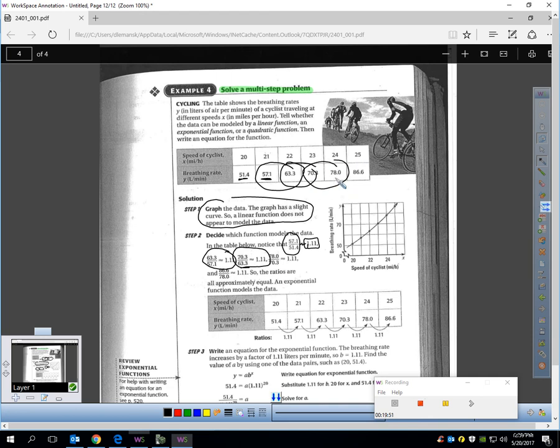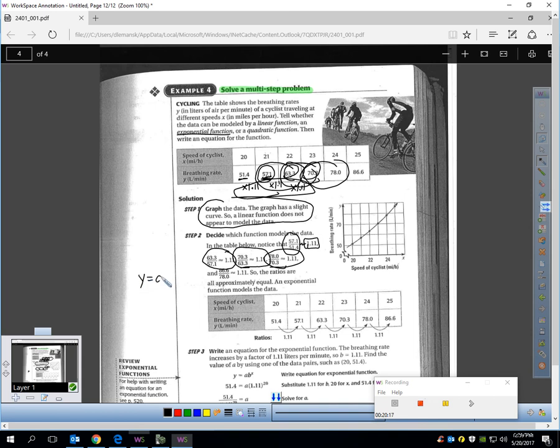You notice every time I divide these, I'm getting the same ratio. So in other words, if I take 51.4 and multiply by 1.11, I get here. And if I take this number times 1.11, I get here. And if I take that times 1.11, I get here. We definitely have a multiplication pattern. The ratios are the same. This is definitely an exponential function.